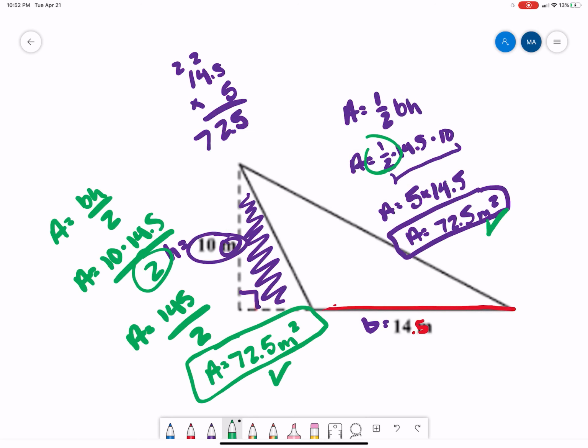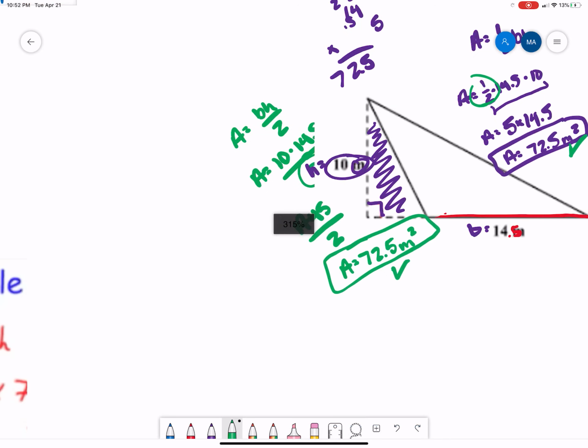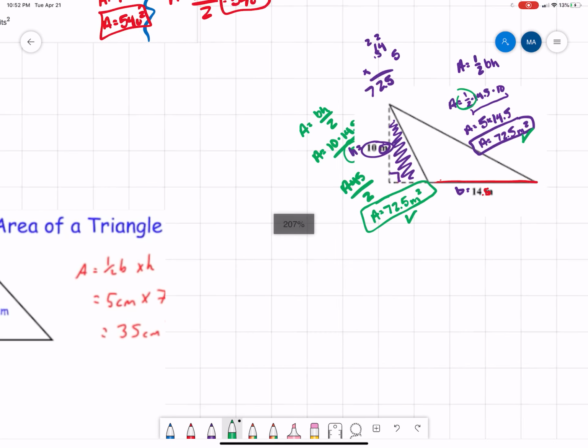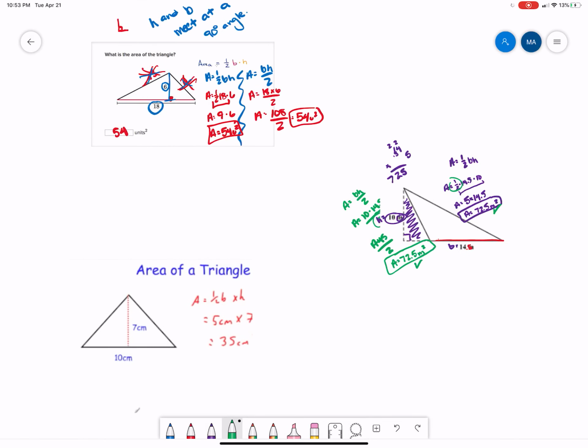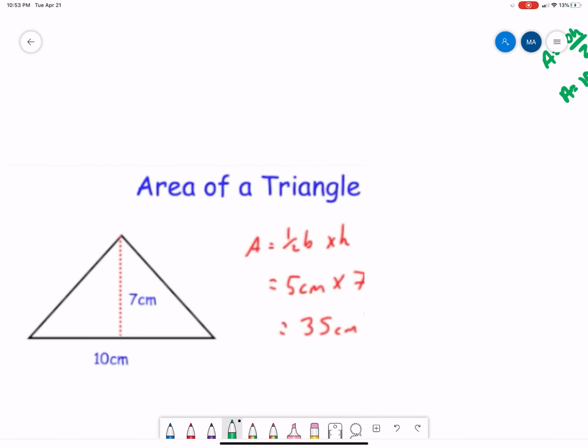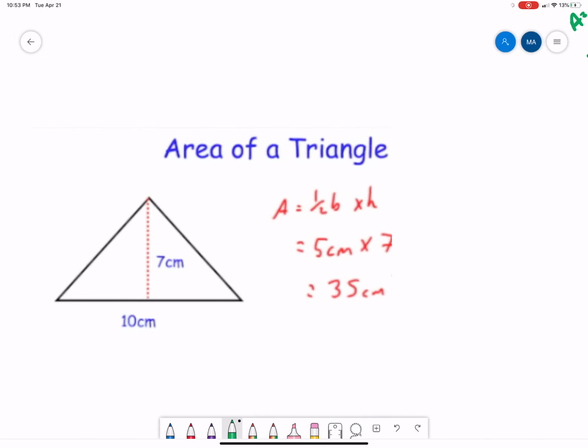Okay? Let's do one more example. One last example before I'll let you guys do your little practice problems. Here we go. I kind of have this done for you, but I'm going to change something up.